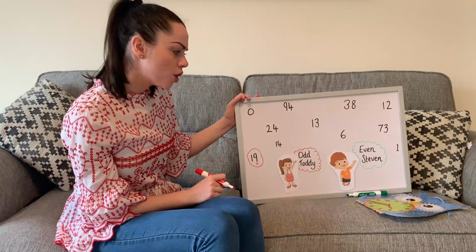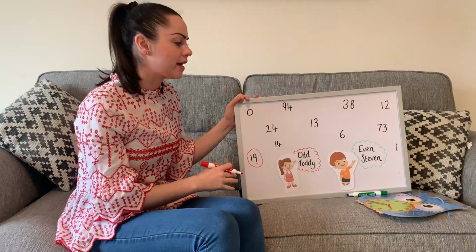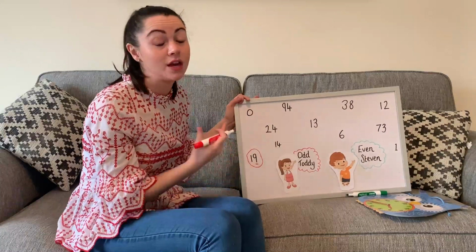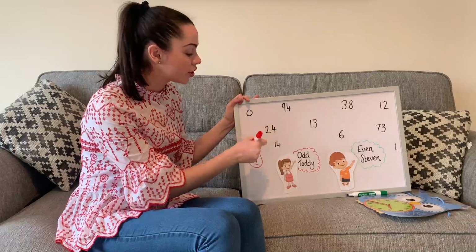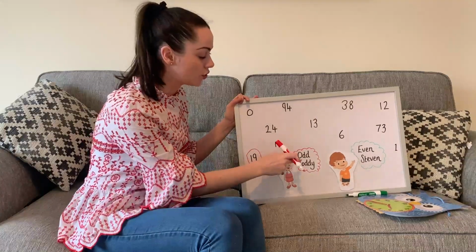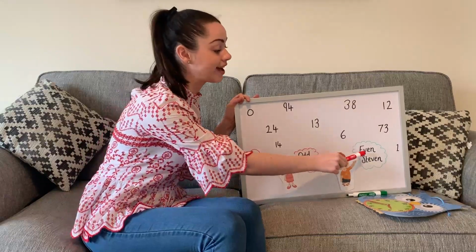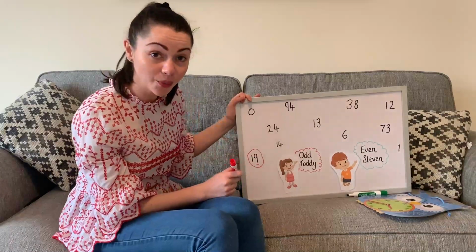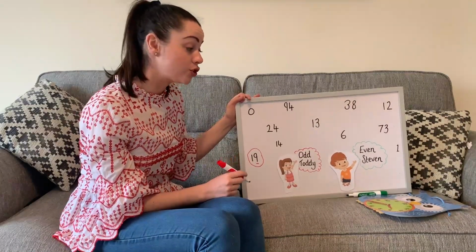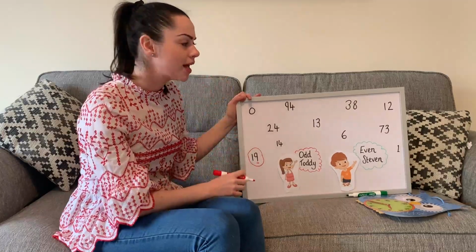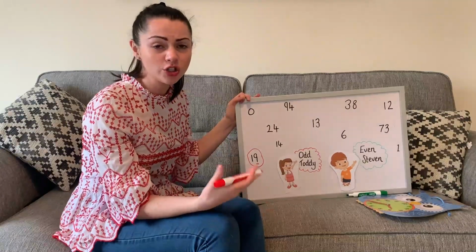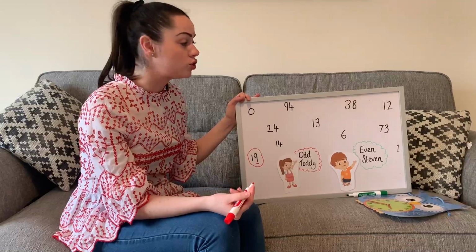Now, once you have explored and found all of the odd numbers and circled them in the colour that belongs to Odd Toddy, then you're going to go off and you're going to find the Even Stephen numbers for me, and you're going to circle them in green. And if you get stuck, just use the little trick that I've just showed you.